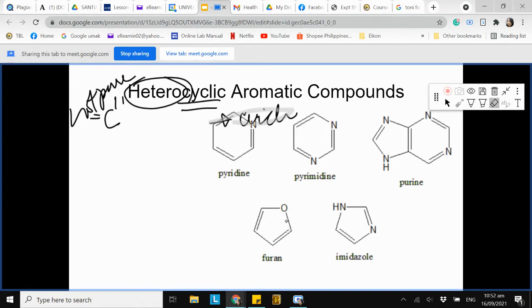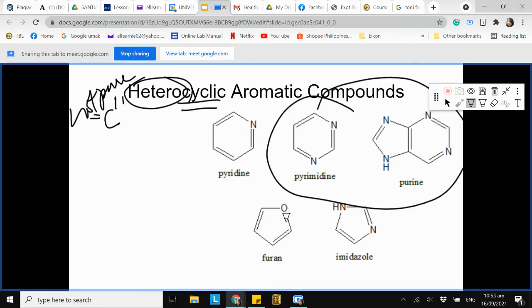Can you take note of these compounds that I mentioned? These are actually some of the molecules you will see again when we go to DNA. Purine and pyrimidine are used in DNA, particularly the bases. Furan, you will see in carbohydrates.